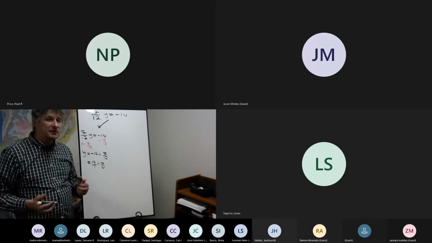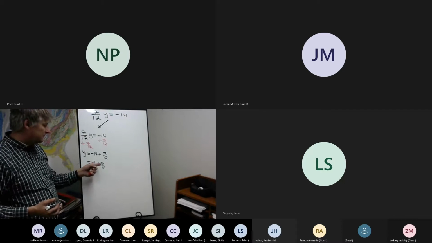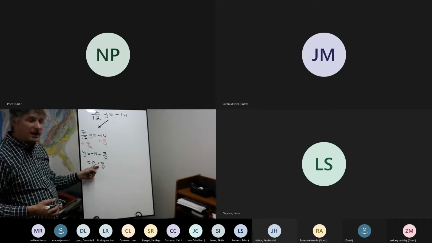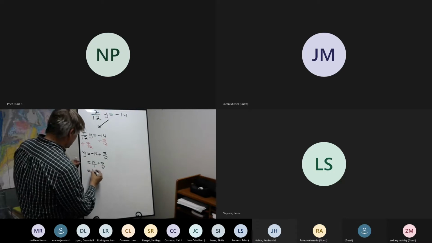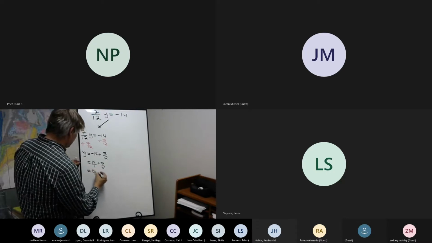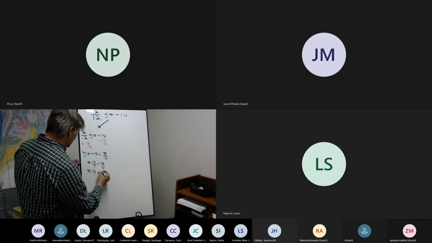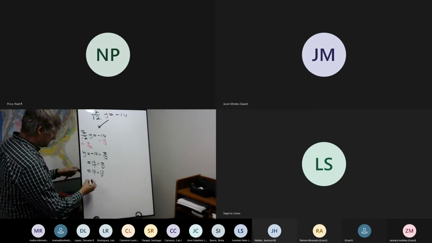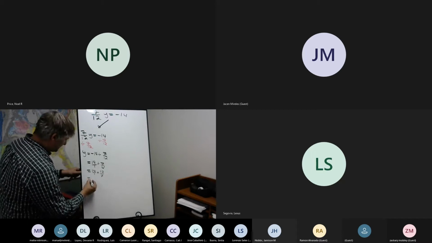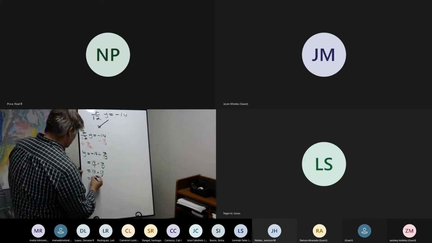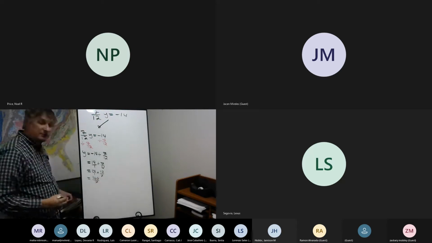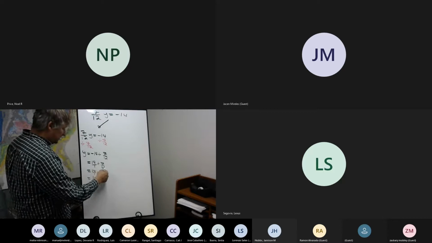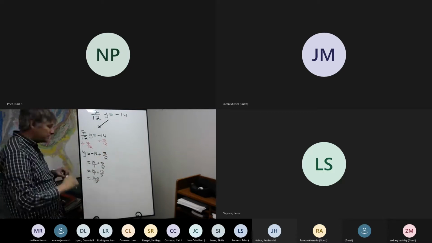And then we do our KFC. Keep this, flip this, change that to multiplication. Again, with fraction multiplication, we multiply horizontally across.